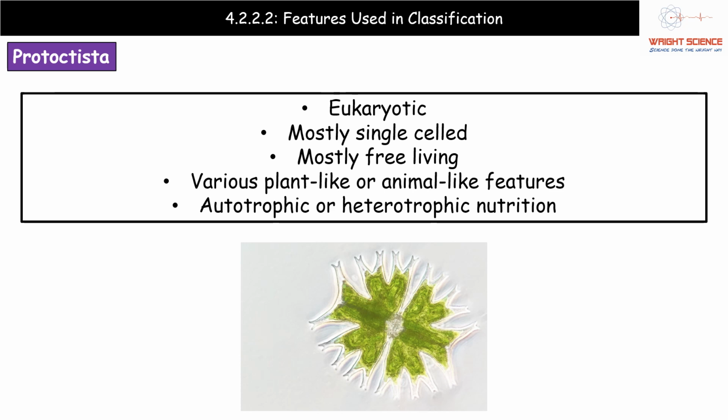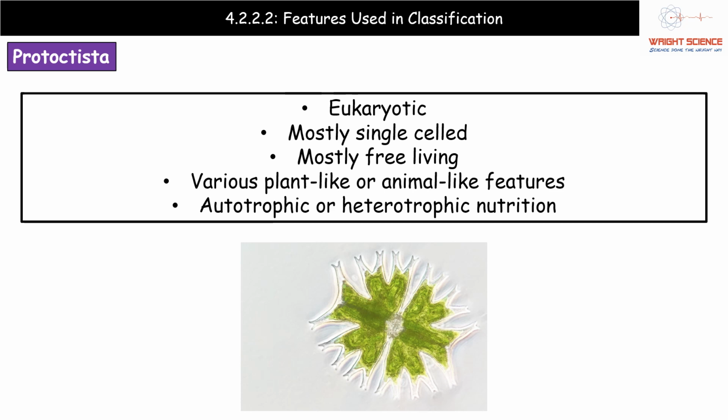Our second kingdom, Protoctista. Now, protoctistans are eukaryotic cells, and these are mostly free-living, single-celled organisms. And what we actually find is the protoctistans are a bit weird, if I'm being honest, because they've got various plant-like or animal-like features in them.